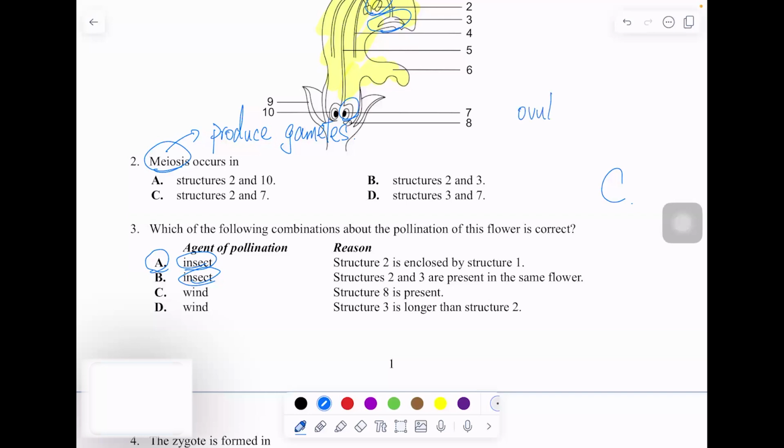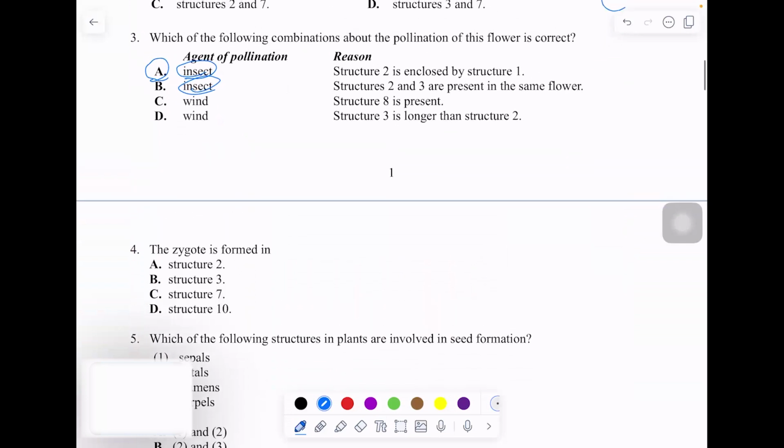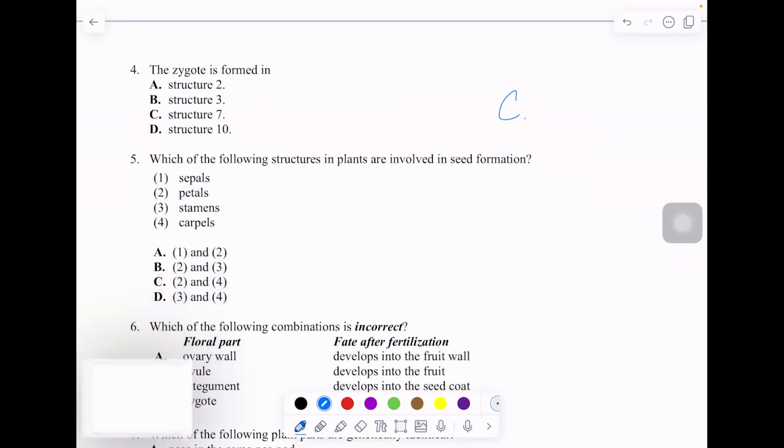Only structure C would be the ovules, the site where the male gamete of the plant will meet with the female gamete of the plant. So the answer should be C.